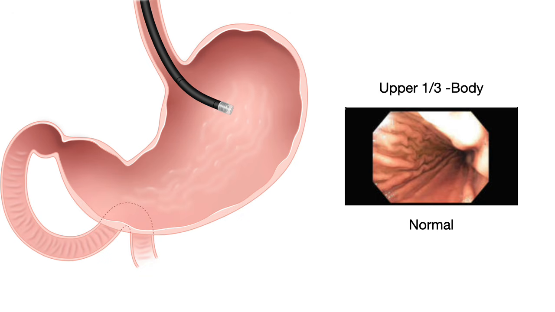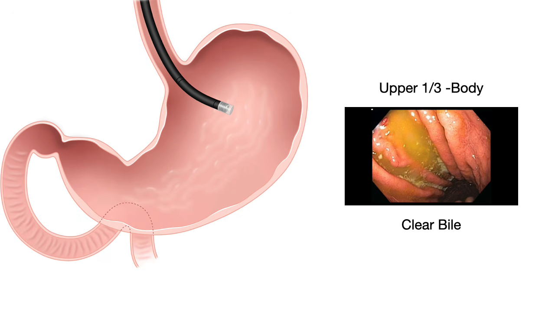Sometimes you may see a light amount of yellow colored fluid, that is bile. A little amount of bile is not abnormal. Sometimes we see a little bit of bile that regurgitates from the duodenum into the stomach.